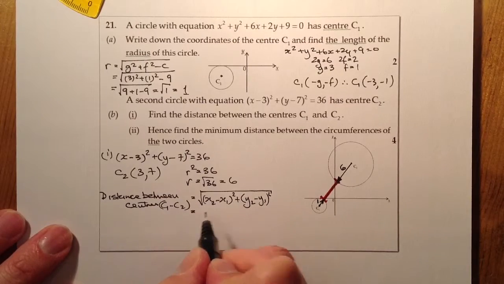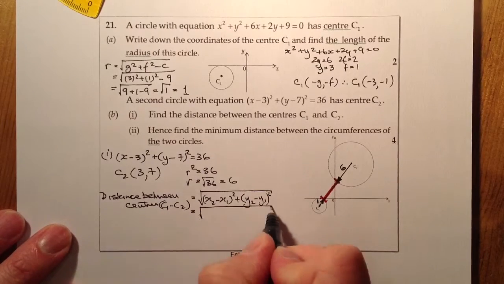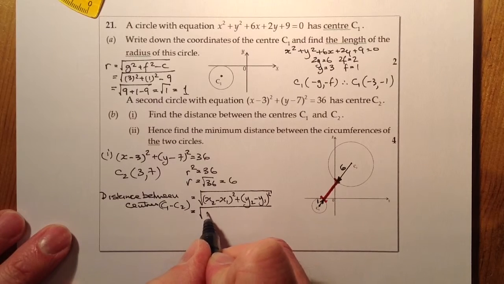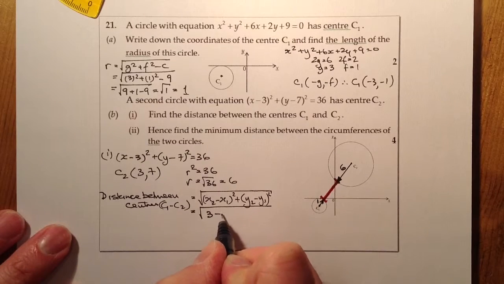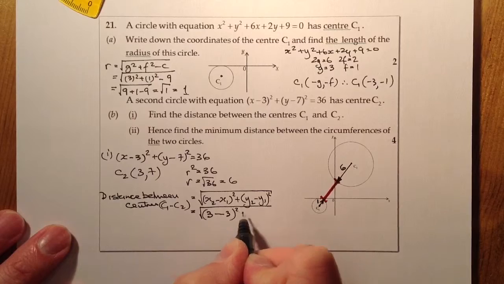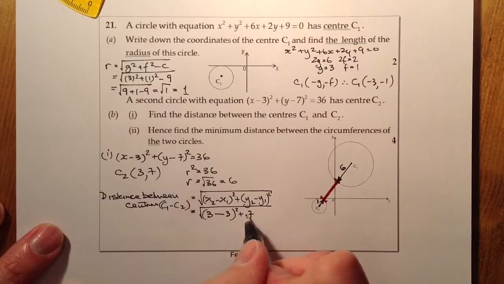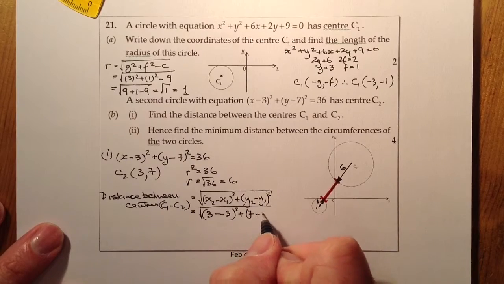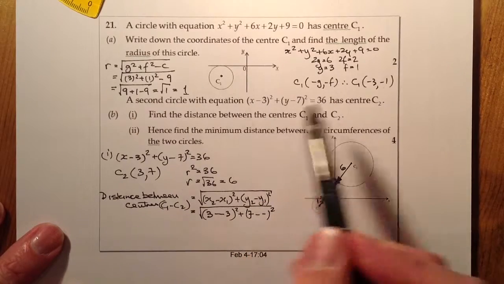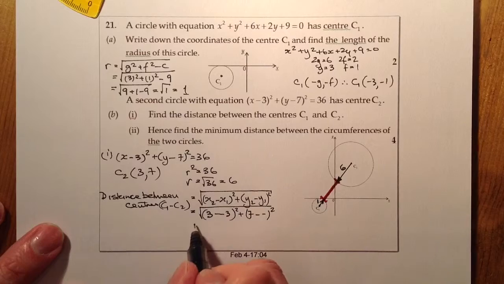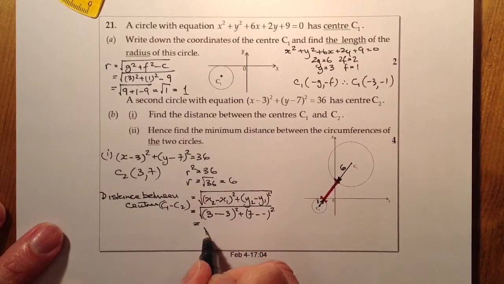Okay, just a Pythagoras piece of work that's here. Substituting my values in, I've got 3 subtracting minus 3, and I've got 7 coming from there, and I'll take away minus 1 from the other centre, from this one here.